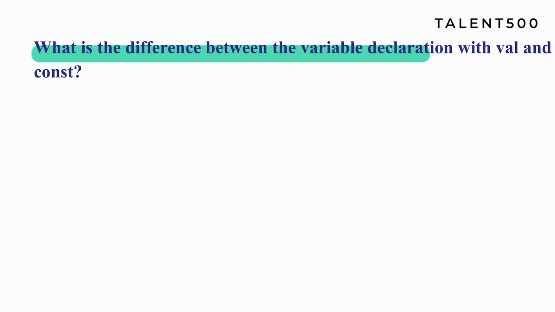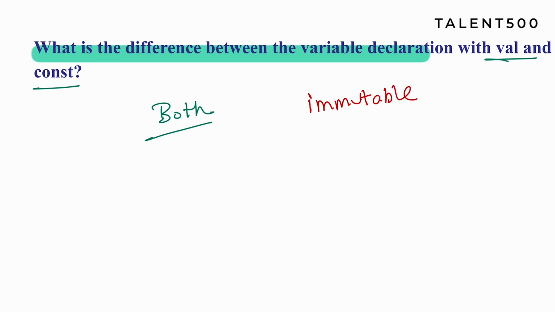Now let's talk about the difference between variable declaration with val and const. Let me tell you, if any variable is declared using these two keywords, then they are immutable in nature, that is, their value cannot be changed. So what is the difference?